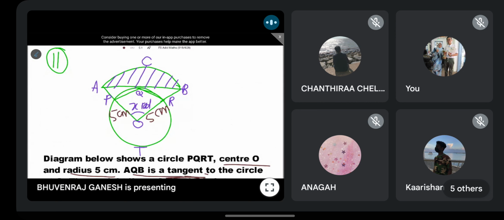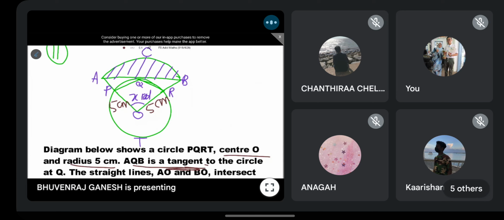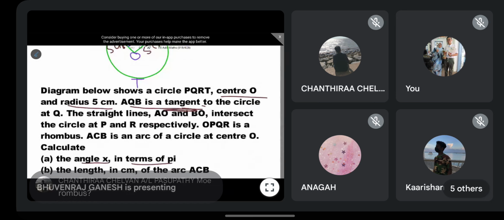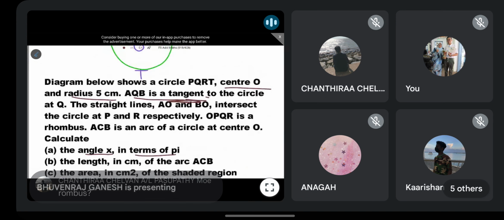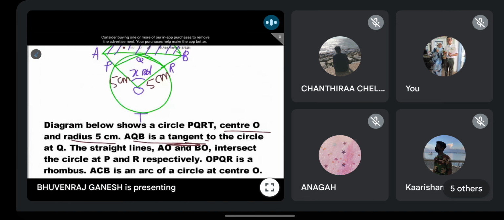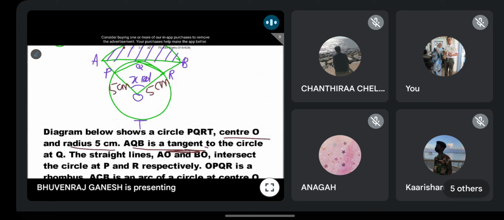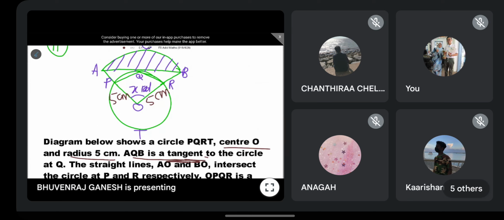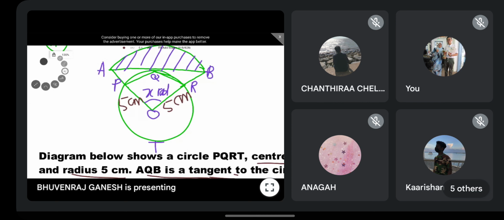Part A. Anyone? They want to find sudut X dalam sebutan pi. Very simple method only. Sangat mudah. Anyone know? Cuba sahaja.